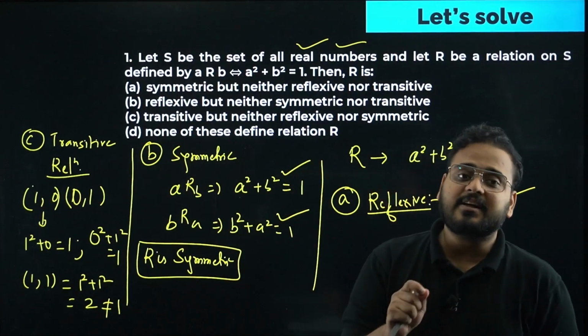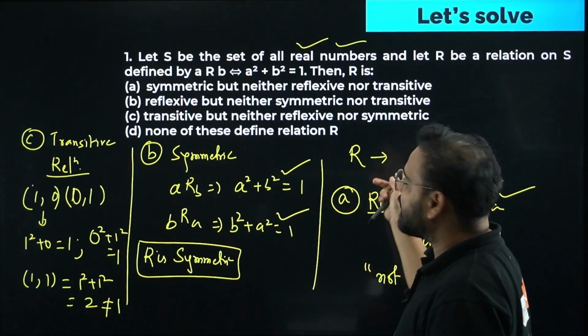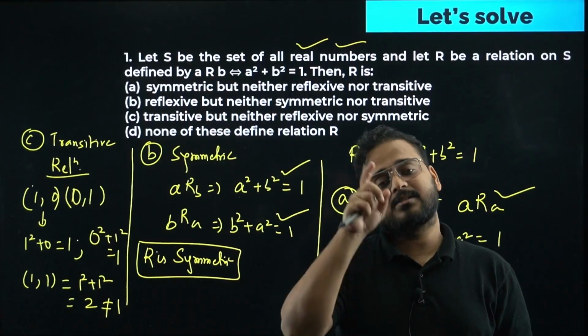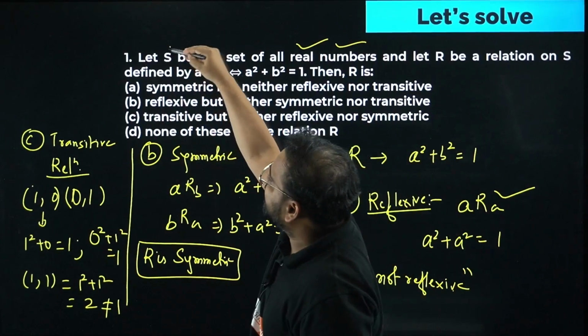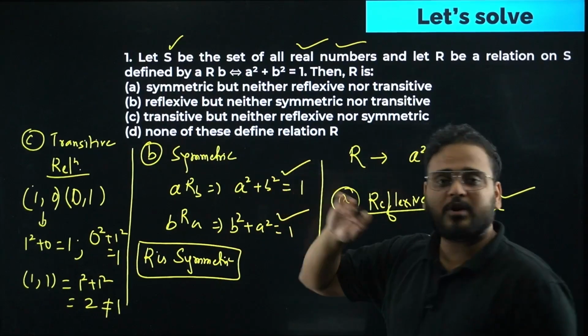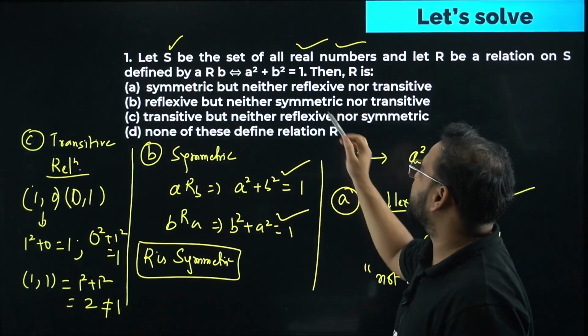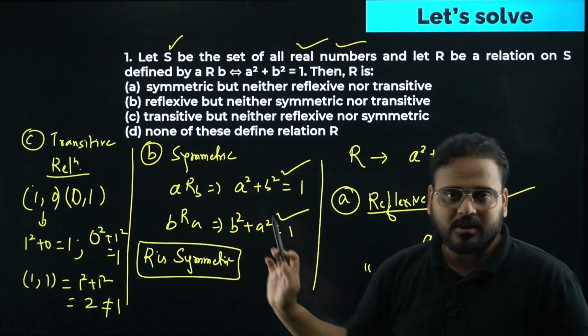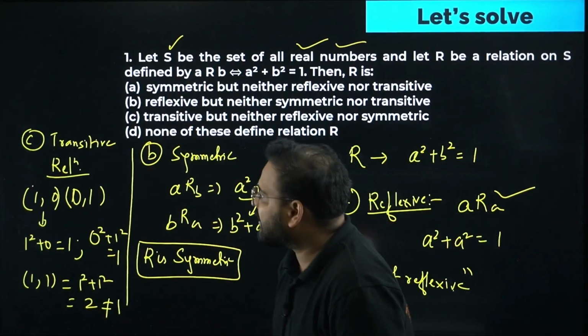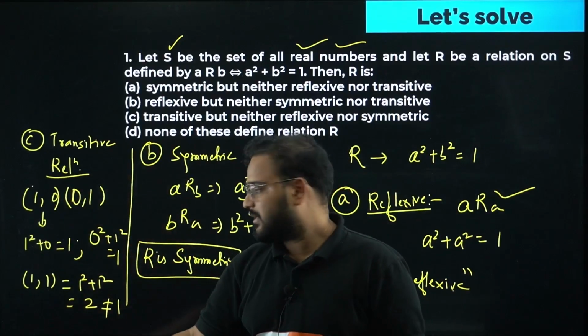So understand this very clearly. In the case of reflexive, it has to be true for all the elements in the set S, which is the set of all real numbers. In the case of symmetric, you have to think only about the pairs which are present. The pair is (A, B). It will be true for all the numbers because A square plus B square is the same as B square plus A square. But in the case of transitive, I was able to create an objection.